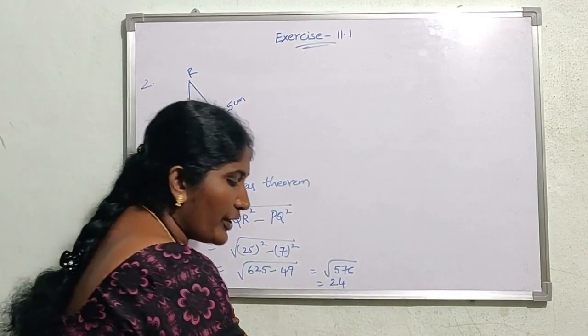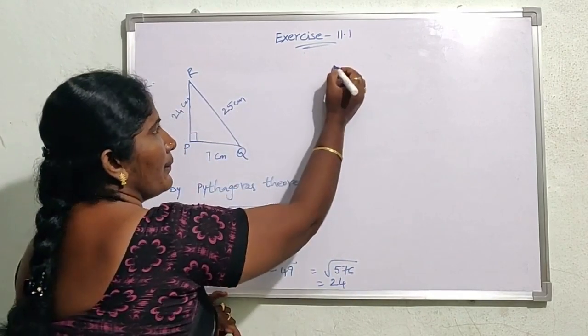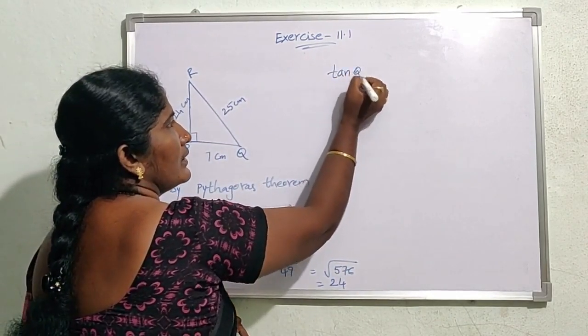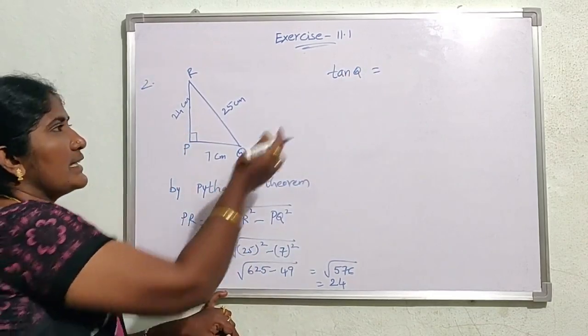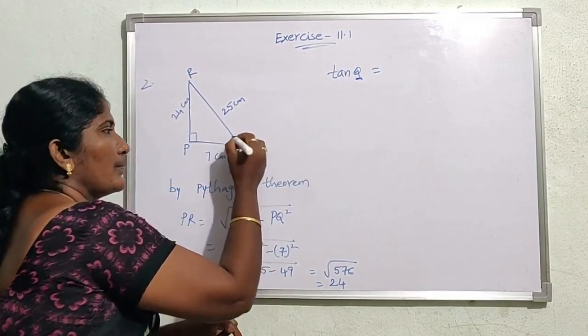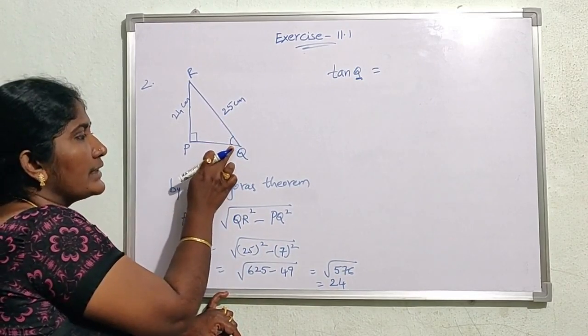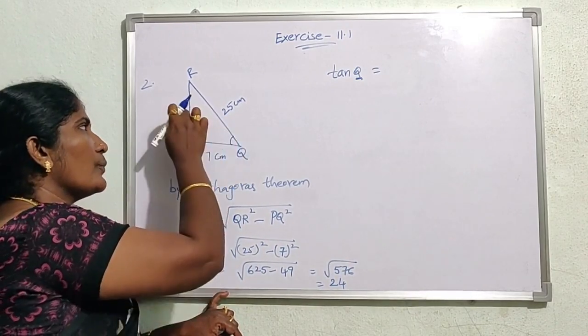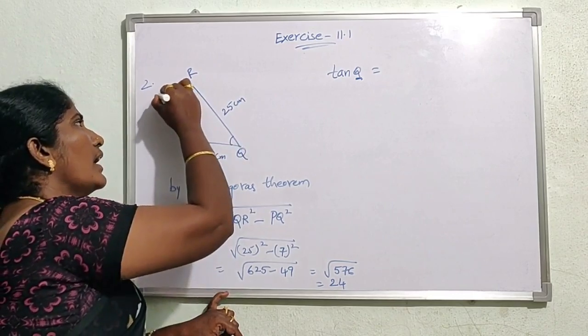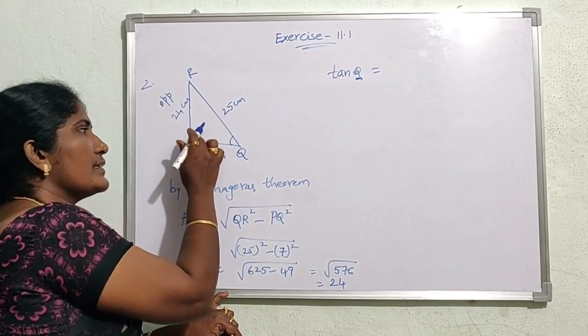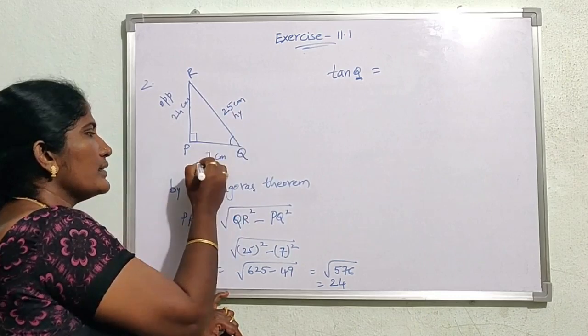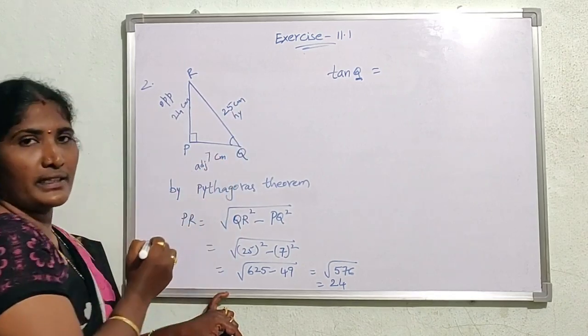Now what we want to find out? Tan Q. Tan Q is equal to, first consider angle at Q. Next, naming sides. So we take an angle here. So the side which is opposite to angle is opposite side, and the side which is opposite to right angle is hypotenuse, and the remaining adjacent side.